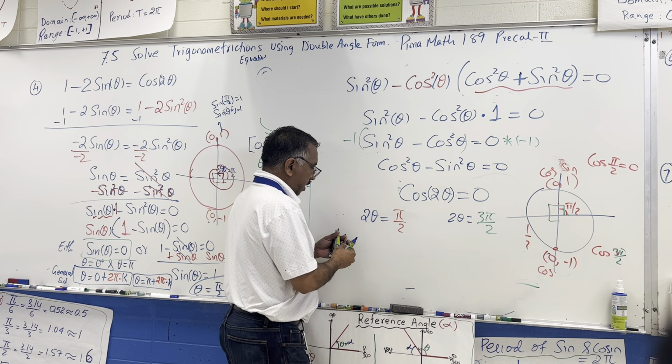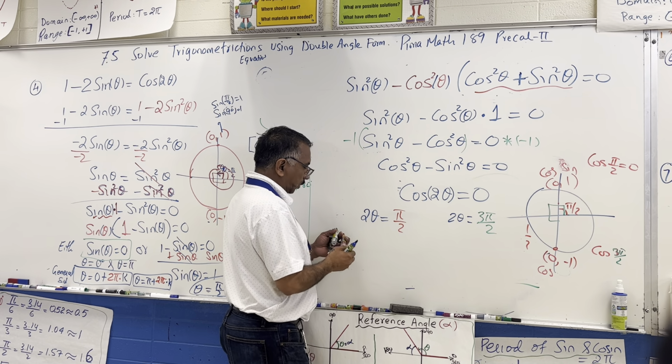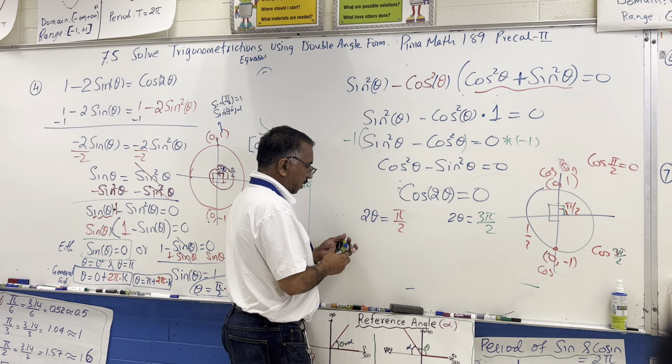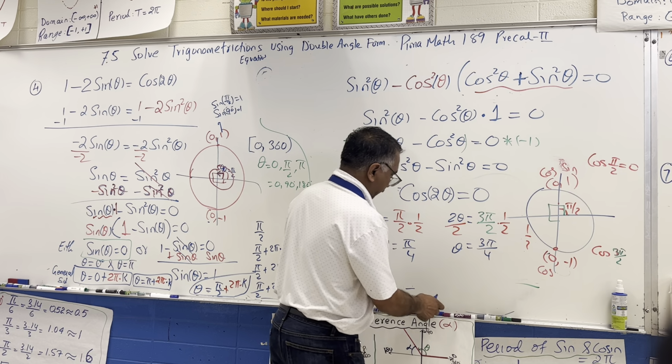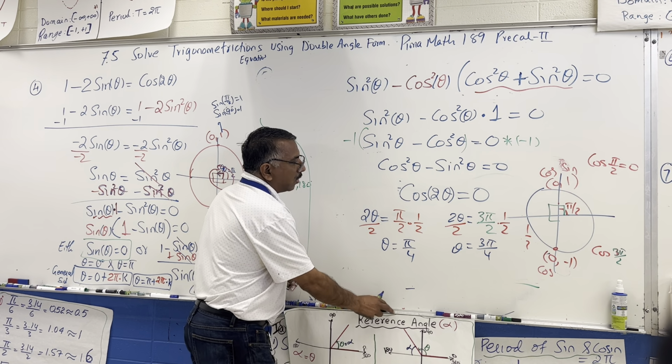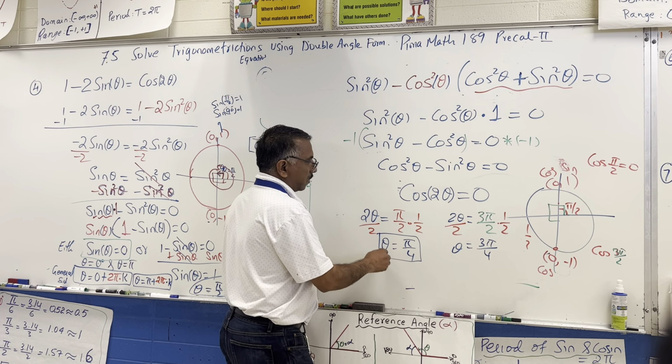So now I can divide both sides by 2. If I divide by 2, your theta is pi by 4, that's one of the answers. And then for the other, divide by 2, so you get theta is 3 pi by 4. Okay, now these are the answers.